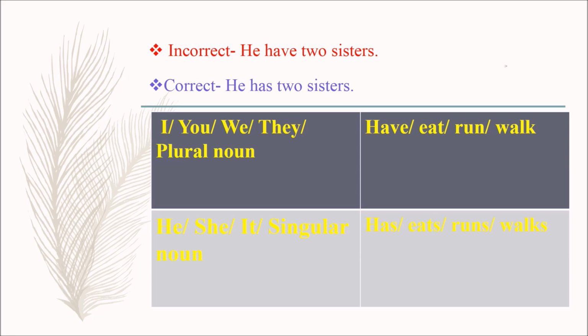The rule is that if the subject is I, you, we, they, or any other plural noun, then we use the verb in its present tense form and we don't add s to the verb. But if the subject is he, she, it, or any singular noun, then we add s to the verb. Here, he has two sisters is the correct sentence.